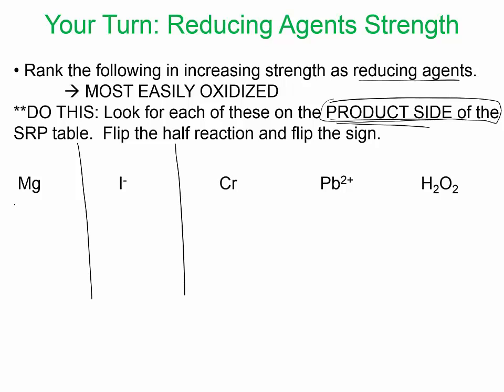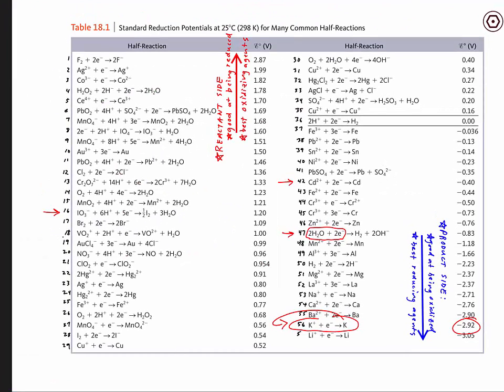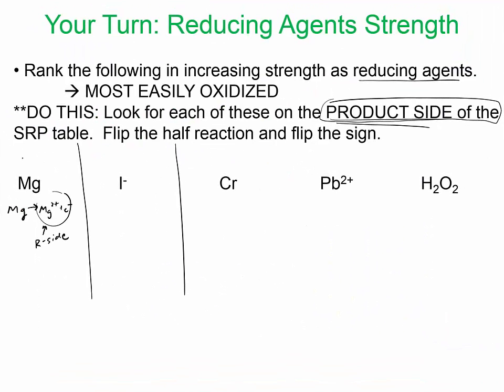For Mg, we want to see how good these are at being oxidized. So we want to write Mg going to Mg2+ plus some electrons, which puts them on the reactant side. If we look at our reduction potential table, that reaction is this one here, the reverse of number 51.